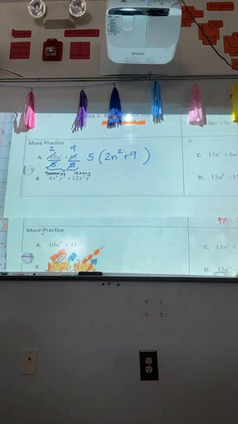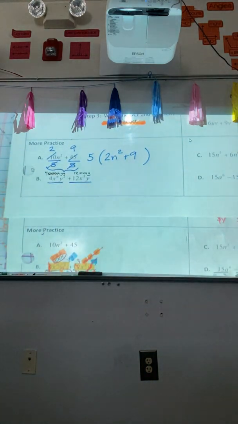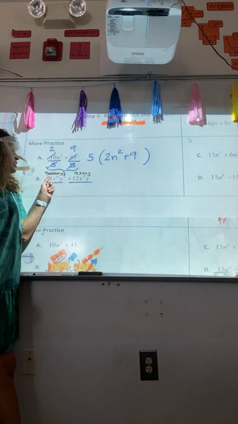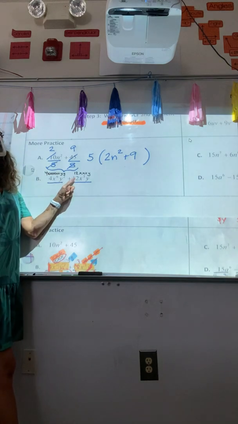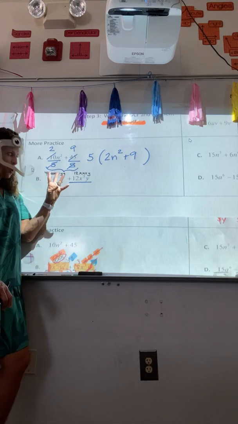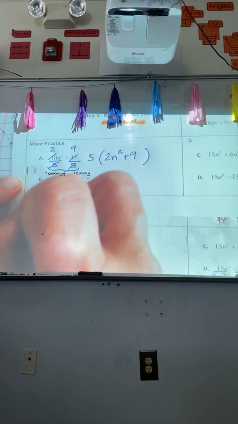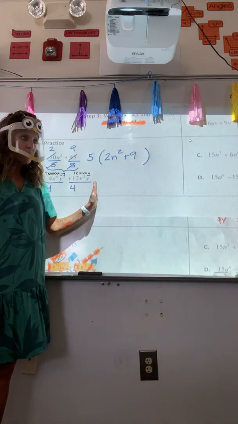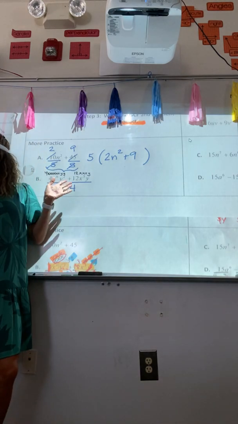So let's go ahead and draw our division bar. And before I get to my x's and y's, look at your number, 4 and 12. What is the biggest number that 4 and 12 have in common? 4. So divide by 4. Do you notice you have to divide by the exact same thing on all of them? And whatever you divide by, you write it out front.